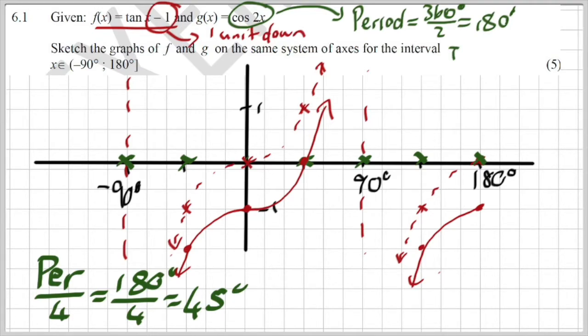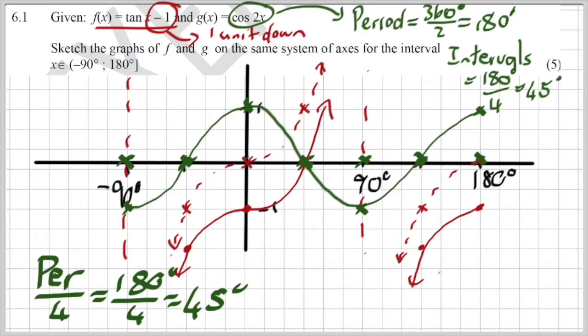Again, now I can get my intervals. Taking my period, dividing it by 4, I'm getting 45 degrees. So every 45 degrees, something special is going to happen. Our normal cos 2x graph starts at its amplitude, which is 1.